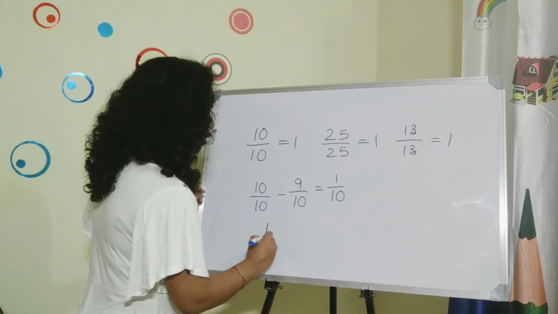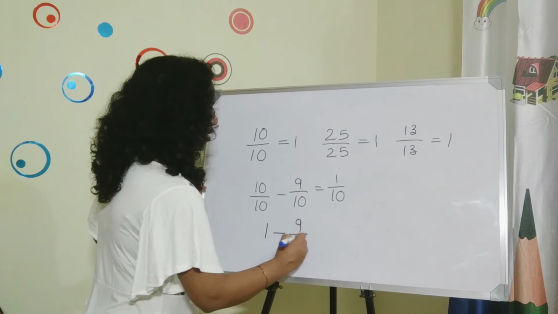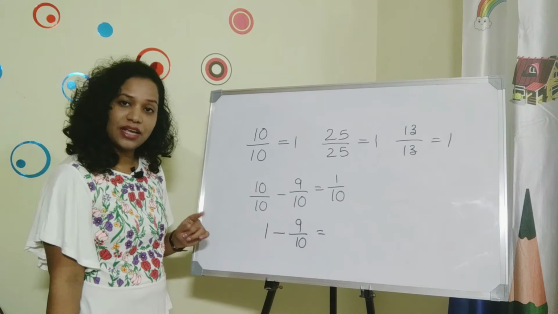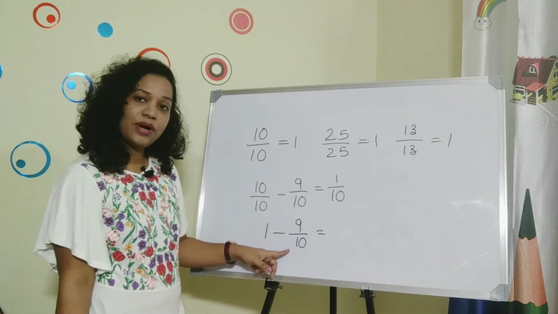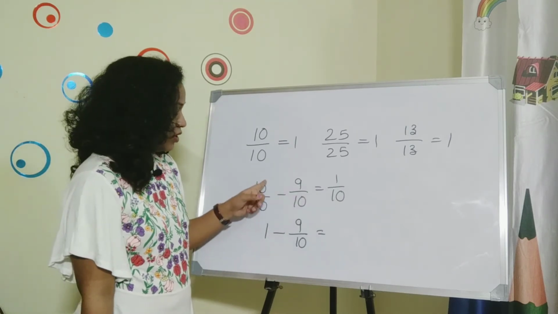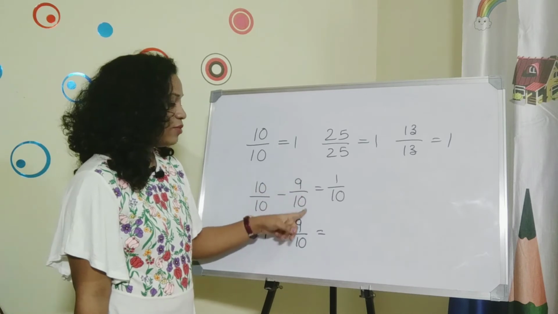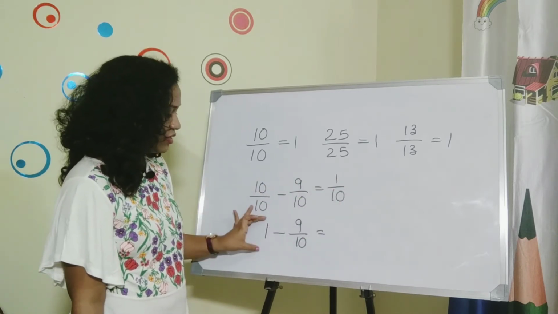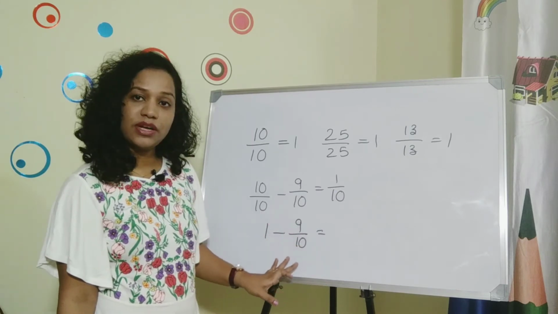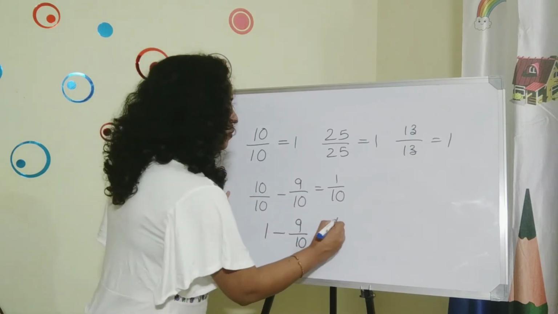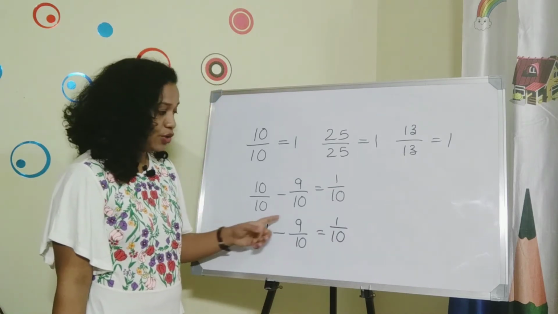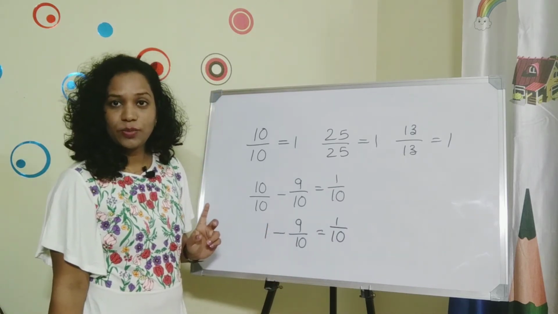So what is 1 minus 9 by 10? 1 minus 9 by 10 is 1 by 10. See here, 10 by 10 minus 9 by 10 is equal to 1 by 10. I have written this 10 by 10 as 1. So 1 minus 9 by 10 is 1 by 10. You just need to subtract the numerator from the denominator.